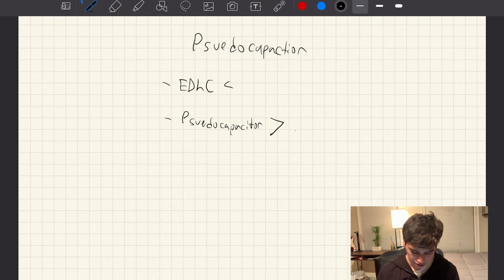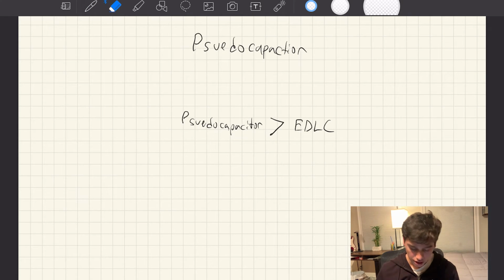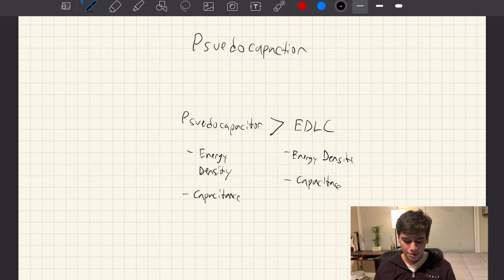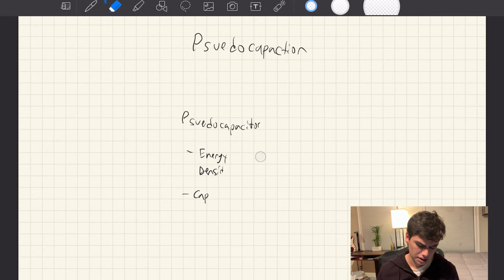Pseudocapacitors are greater than the EDLC in energy density, and also greater in capacitance. So they're higher in both categories, and this makes them extremely beneficial, because the reason ultracapacitors can't replace batteries is that they need higher energy density, and they need to be able to store more charge per given unit of volume or area. That's what makes them better in many ways, but there are also some drawbacks, and I'm going to talk about some of those here.